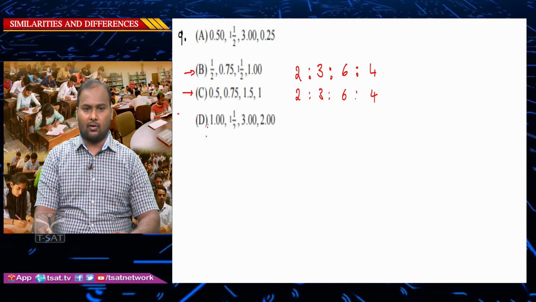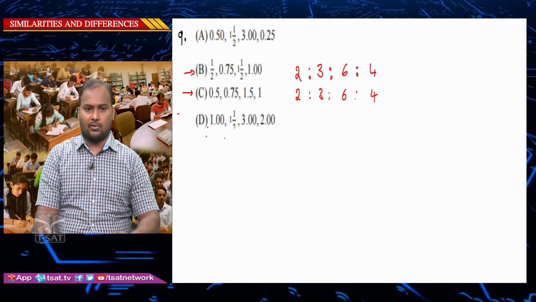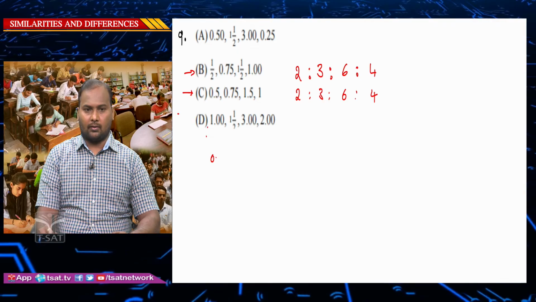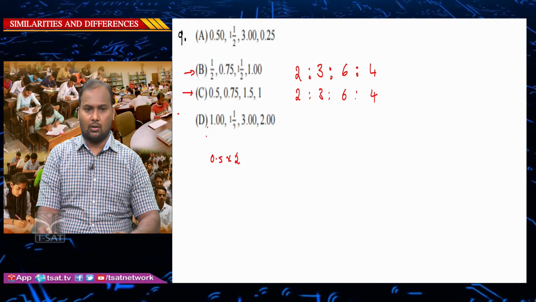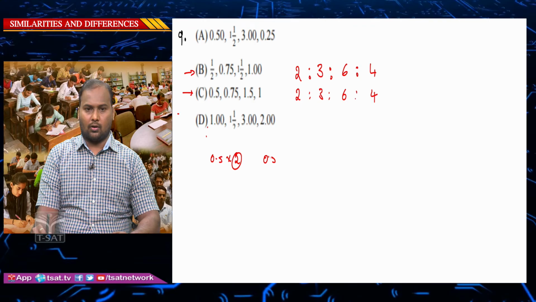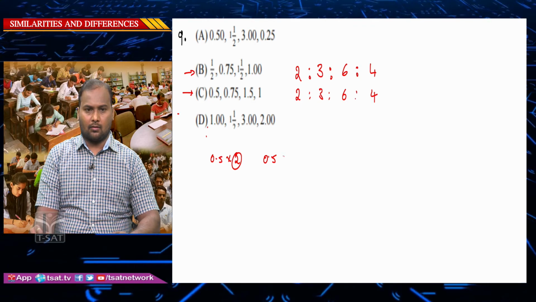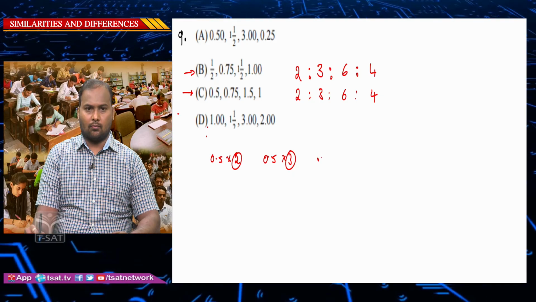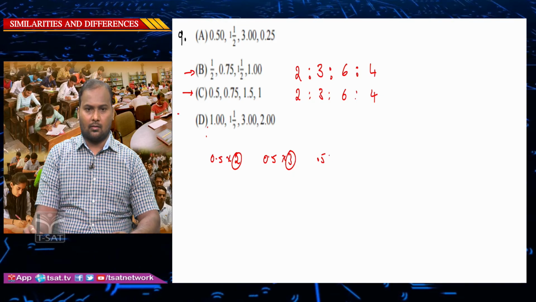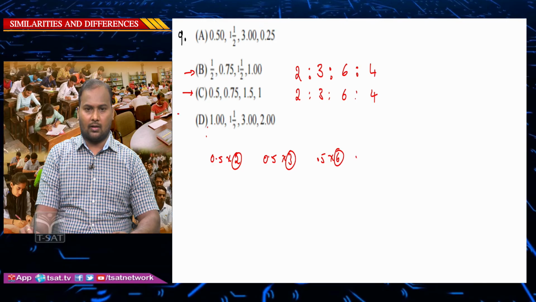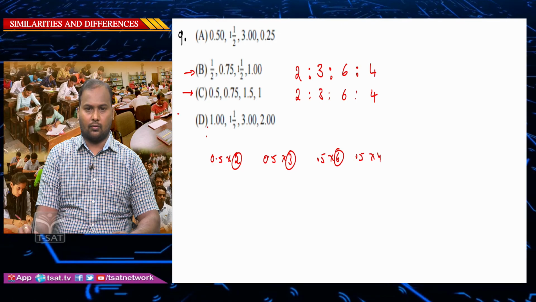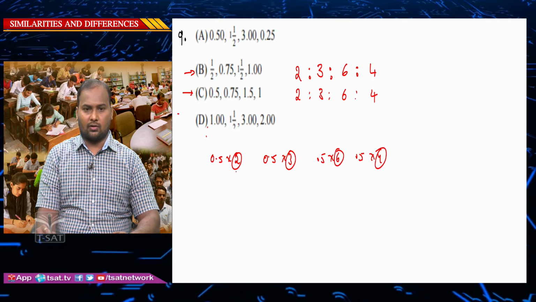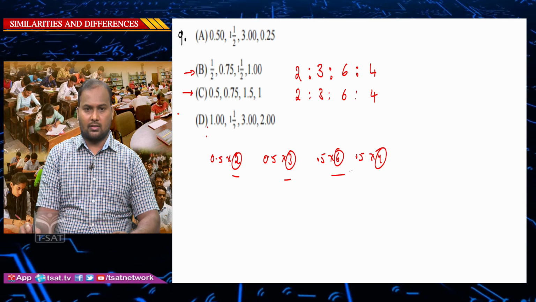Now, try to apply it for option D. In option D, 0.5 into 2, in the same way 0.5 into 3, 0.5 into 6, and 0.5 into 4. So everything is following the ratio of 2, 3, 6, 4.